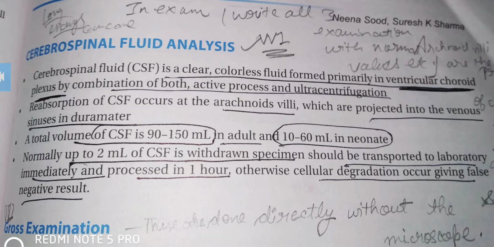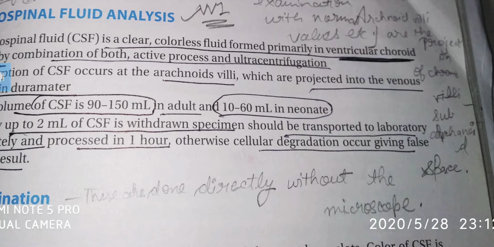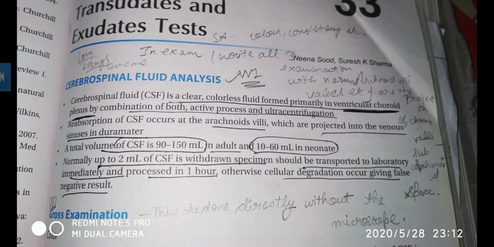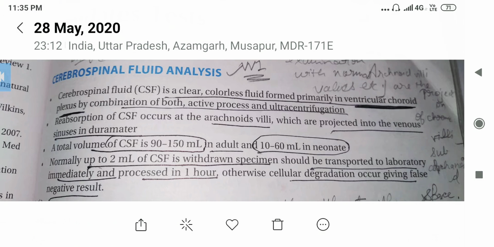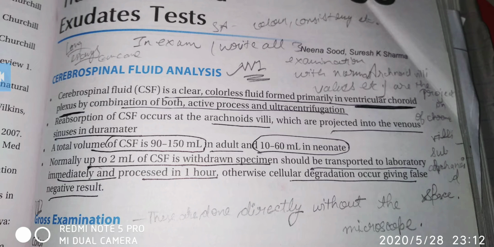Then, gross examination. What is gross examination? These are done directly without the microscope. Gross examinations are the examinations which are done without the microscope.